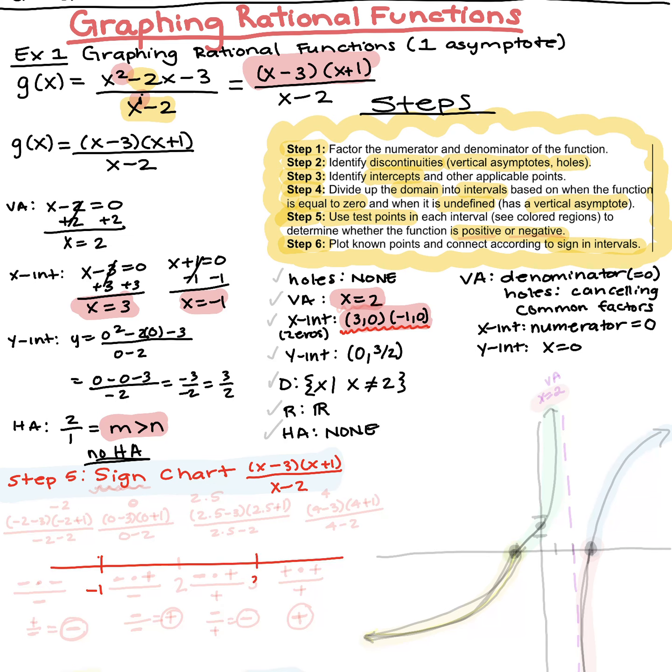Okay, now the reason why this is called a sign chart is because, like it says here, you just want to know if things are going to be positive or negative. So you're not going to have to do the actual math of adding and subtracting numbers and seeing what the final value is. We just want to know whether things are going to be positive or negative. That is why it is called a sign chart.